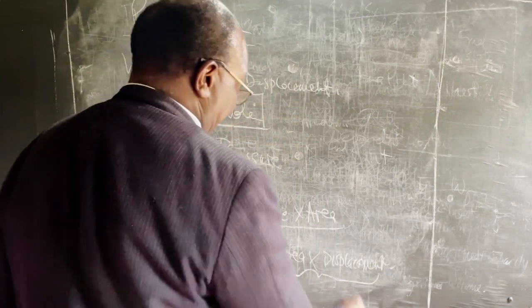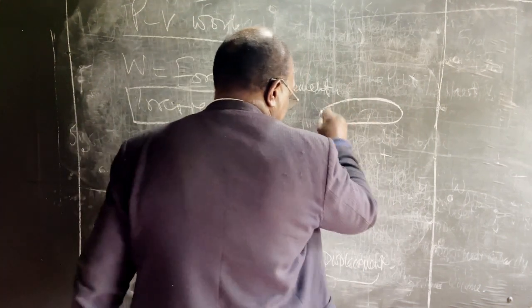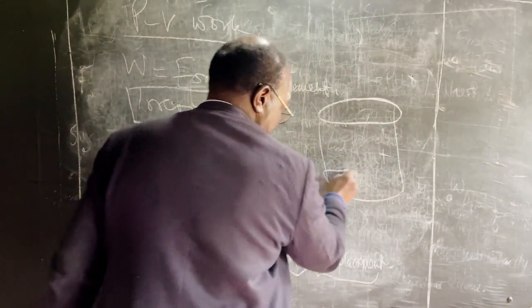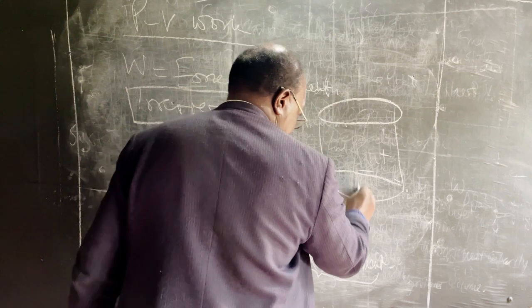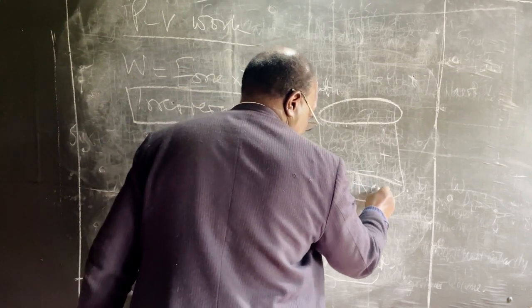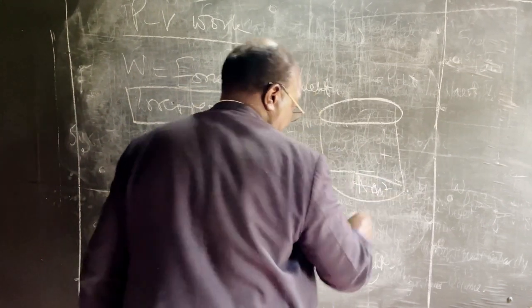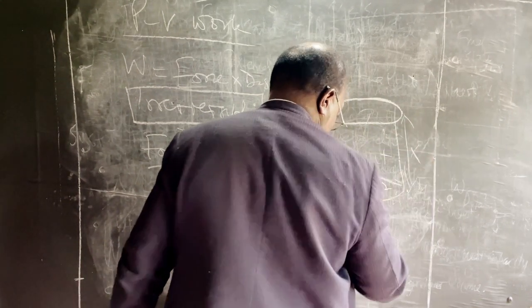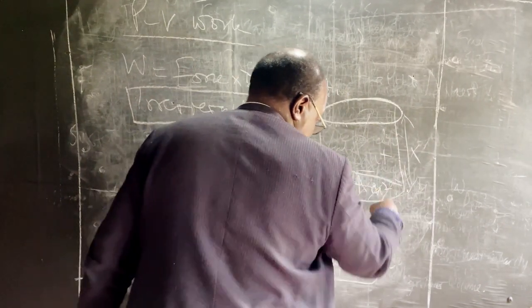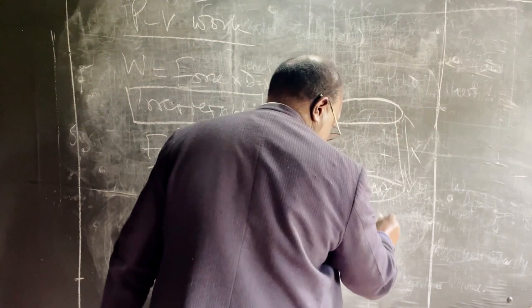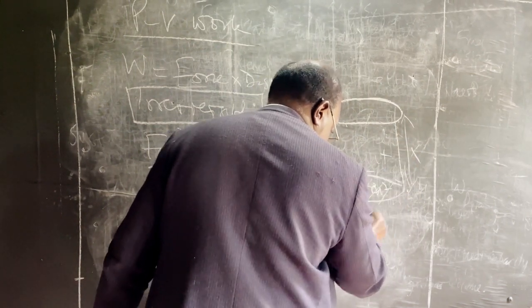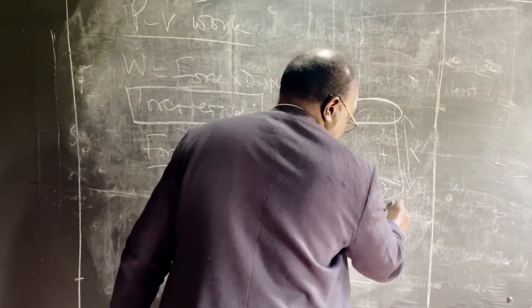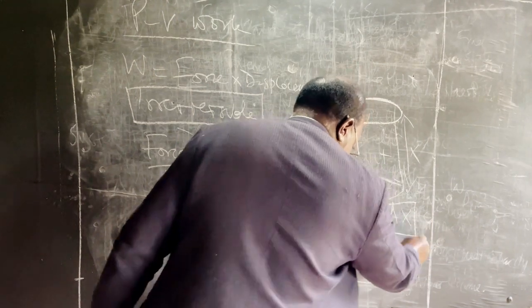Let us look at a cylinder. A cylinder is normally represented with surface area. Let's call that A meter squared, and right there, let us call it X. So when you talk of this surface area times that length, that gives you the volume of the cylinder. So the volume here will simply be A times X for this particular cylinder.